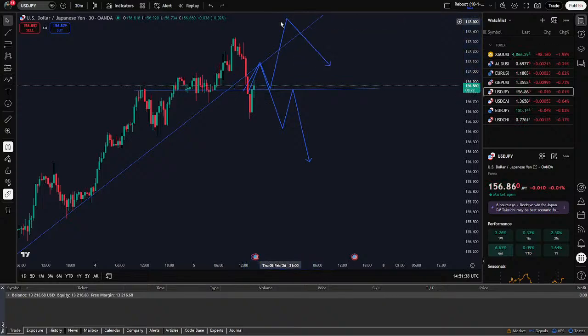If this happens, it's the worst case scenario for us. It might happen during the manipulation over this trend line if gold continues to dip further down. If gold doesn't dip further down and looks for a manipulation on the gold side, then from here we can look for a sell at this trend line.